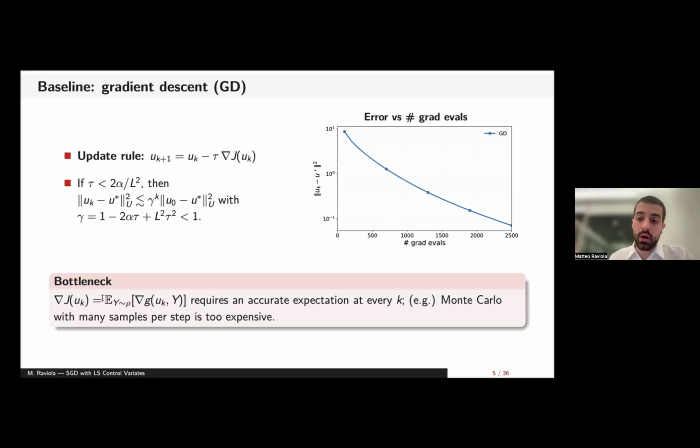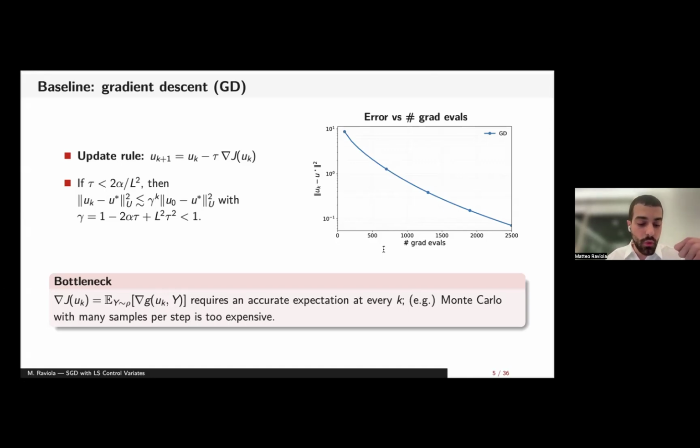For instance, Monte Carlo with many samples per step is too expensive, because remember, we are considering a setting where evaluating the gradient of g is expensive. And so you see that if I plot the same plot as earlier, but versus number of gradient evaluations instead of number of iterations, the curve changes drastically, right?